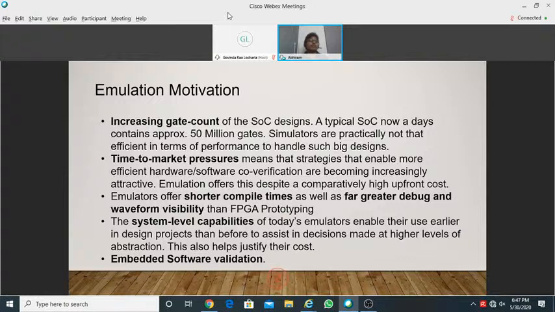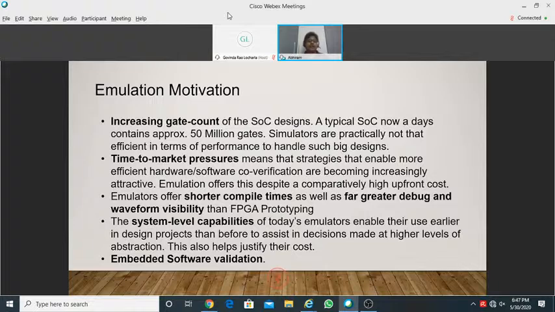Products come every 3 months, every 6 months, so there is a lot of pressure to get first time working silicon with very good quality.